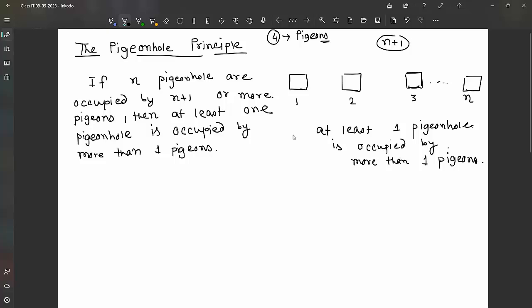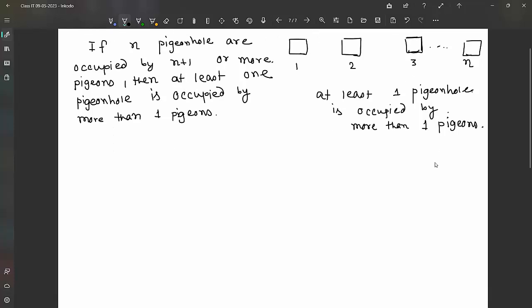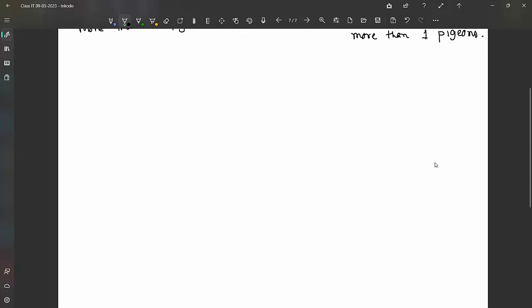यानी कि एक तो ऐसा रूम होगा, एक होल होगा जहां पर एक से ज्यादा पिजियंस हैं. And now the generalized version. तो अब थोड़ा सा इनको इंक्रीज कर देते हैं.